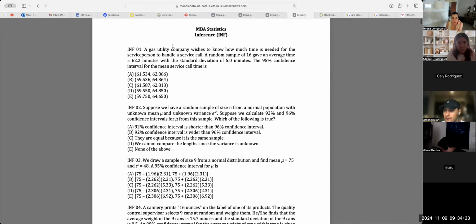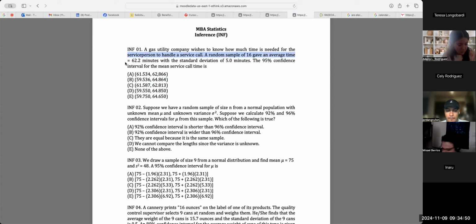So we're going to read this problem, and you're going to tell me which of the formulas, row 4, 5, or 6, we should refer to in solving this problem. A gas utility company wishes to know how much time is needed for the service person to handle a service call.